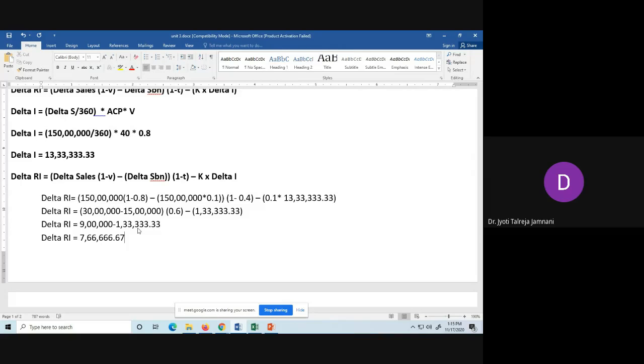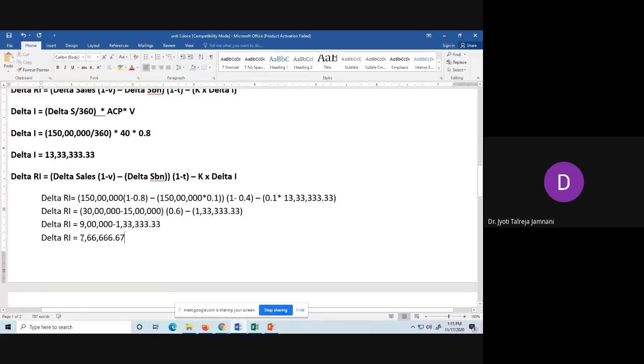Now your delta RI value is positive. That means when you give more credit, your profit is increasing by 7,66,666. So it is good for the company to relax its credit standards and give more credit.